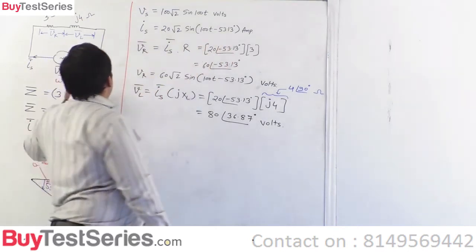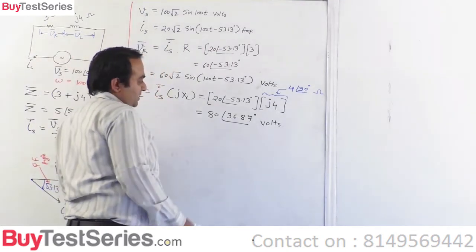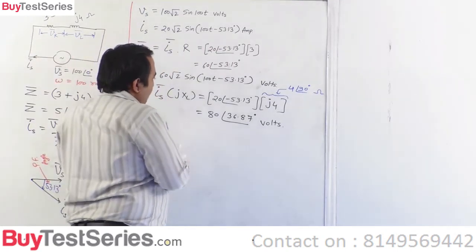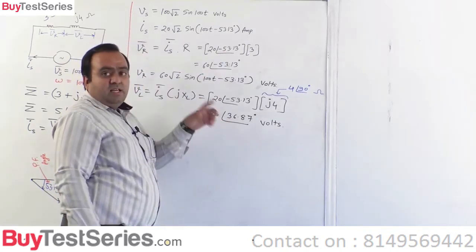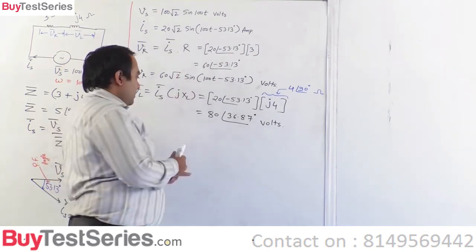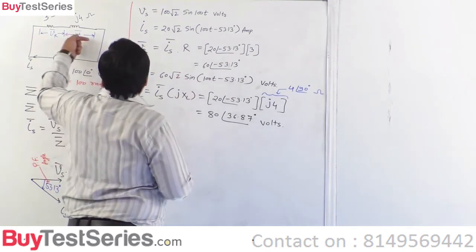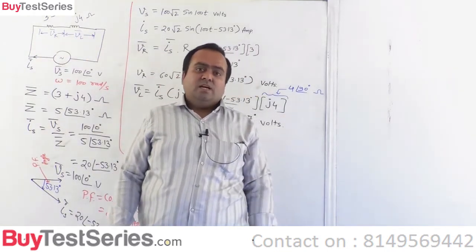Why? Because for a resistance, the voltage and current have to be in phase. Minus 53.13 degrees and plus 36.87 degrees is a total displacement of 90 degrees.